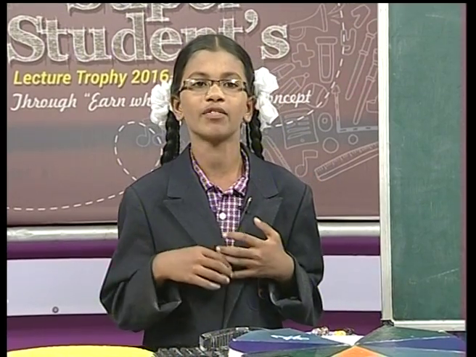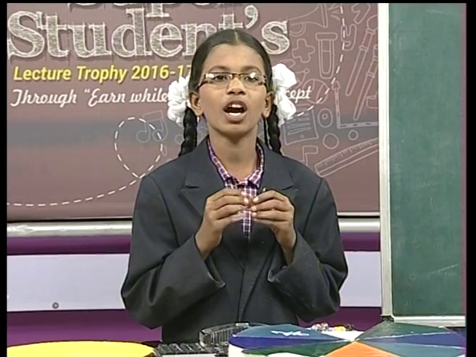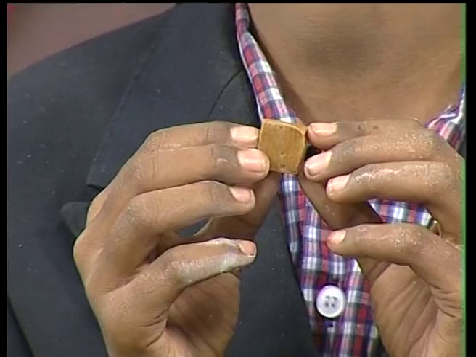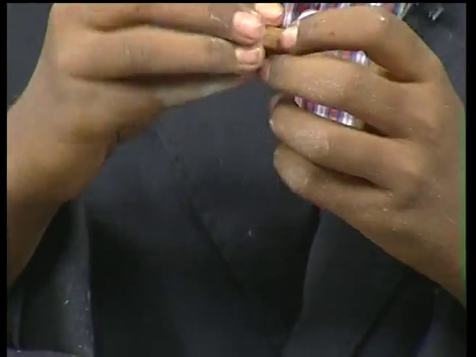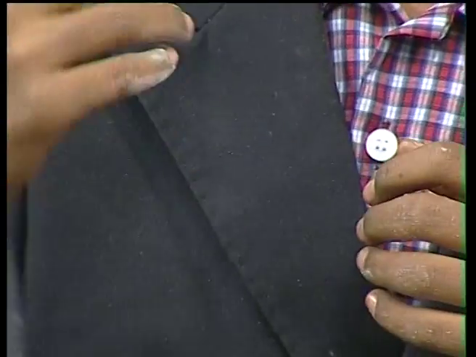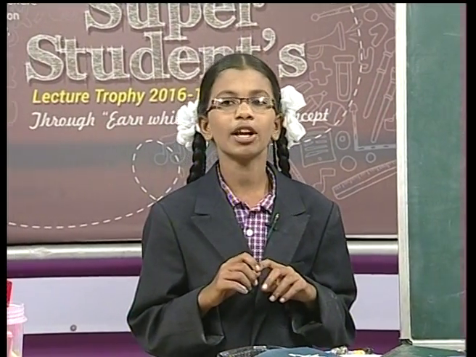But I have only 1 chocolate, and here are my friend and me. Friends, how do we share this? Yes, by dividing into equal parts by shading. One part is for me and another part is for my friend. Here also the fraction is 1 by 2.